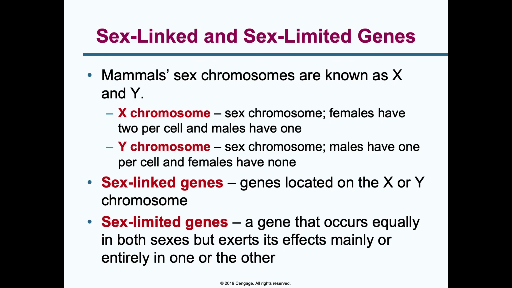Now there's a lot of talk in the next couple of slides about what we call sex-linked genes and sex-limited genes. The most important thing to remember here is that we have X chromosomes and Y chromosomes, and they are both the sex chromosomes that determine if a child is going to be male or female. Females have 2 X chromosomes per cell, and males have 1.